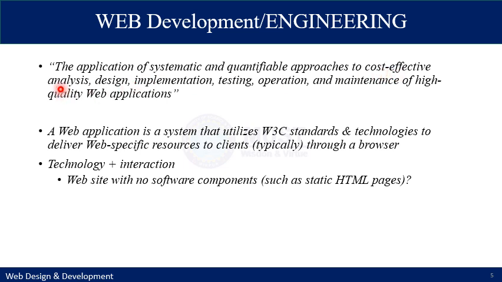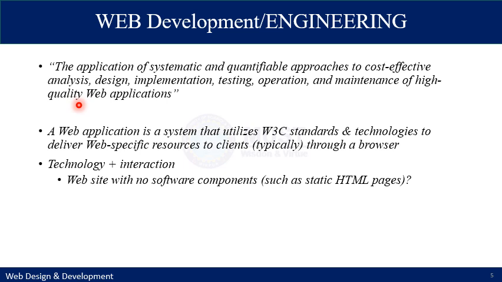For example, you have to analyze the requirements, and then design those requirements into a design document, and then implement it in some programming language, and then test it, and then operations and maintenance when the application is delivered to the end user, for a high-quality web application.